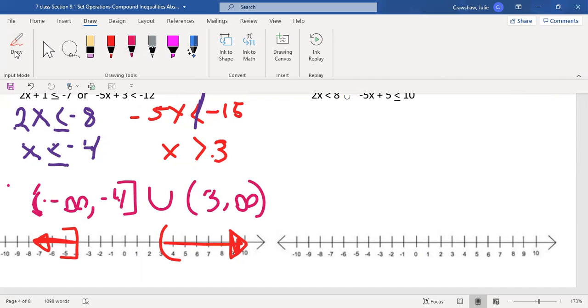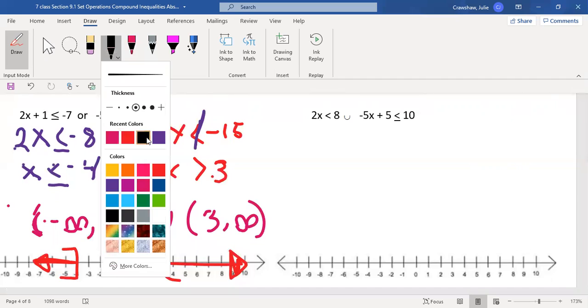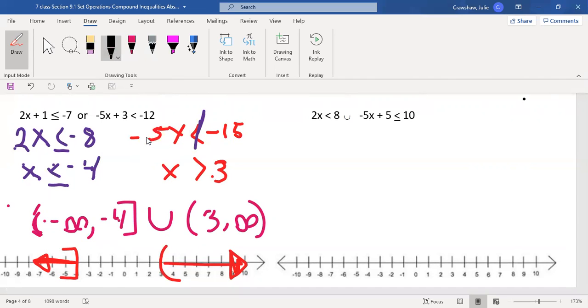Now the second one over here, we're going to isolate the variable. We're going to divide both sides by 2. x is less than 4. And then on the other one, I'm going to subtract 5 first.